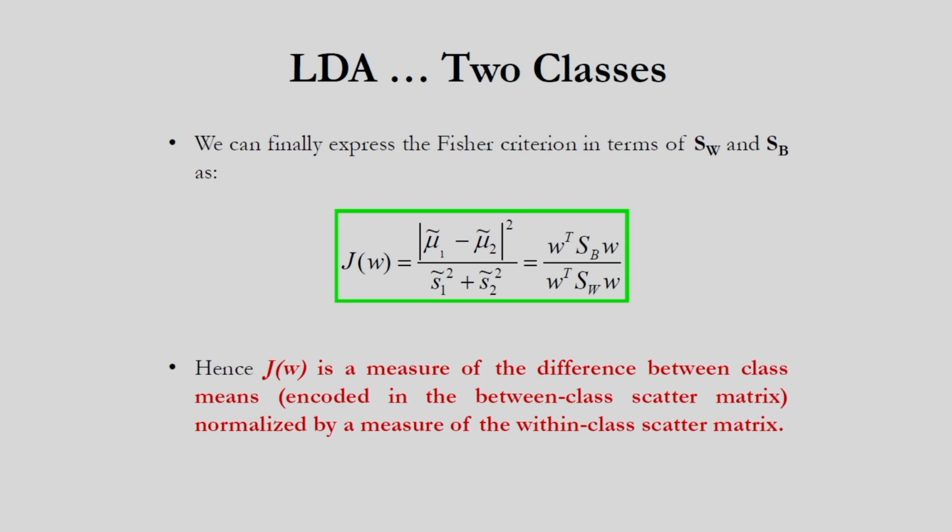After this, the Fisher criterion function J(W) can be expressed in terms of the between class scatter matrix and the within class scatter matrix, and can be represented like this: J(W) is nothing but Wt SB W divided by Wt SW W. So J(W) is a measure of the difference between class means, encoded in the between class scatter matrix, normalized by a measure of the within class scatter matrix SW.